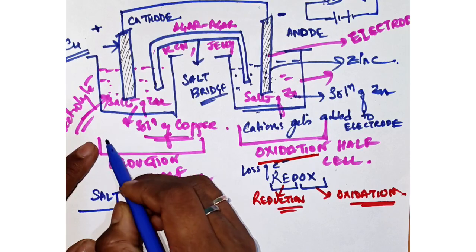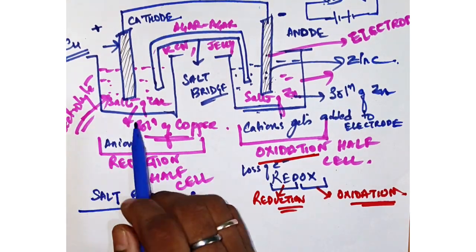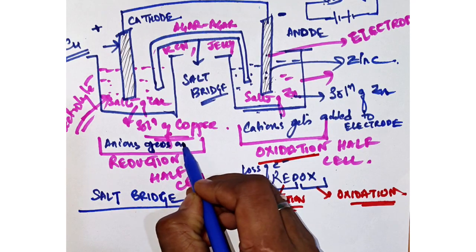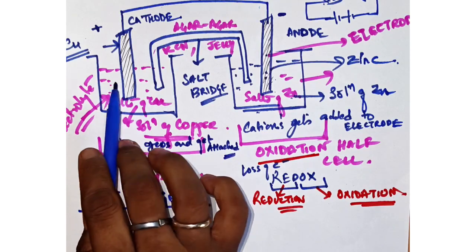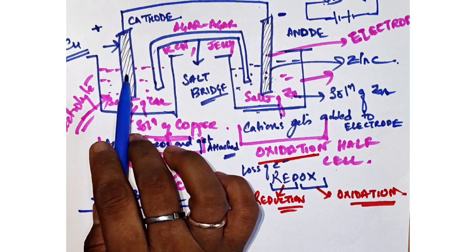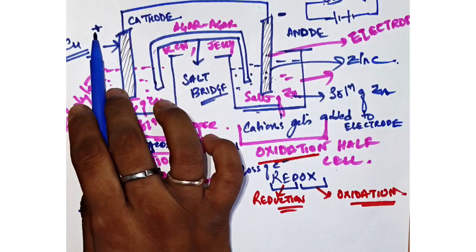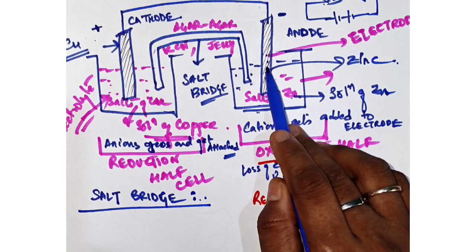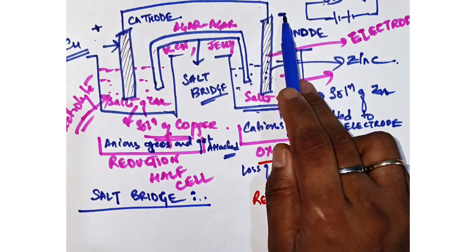Here the anions go and get attached, so a minus sign is getting attached to this electrode, so this electrode is positive. Negative and positive attract.